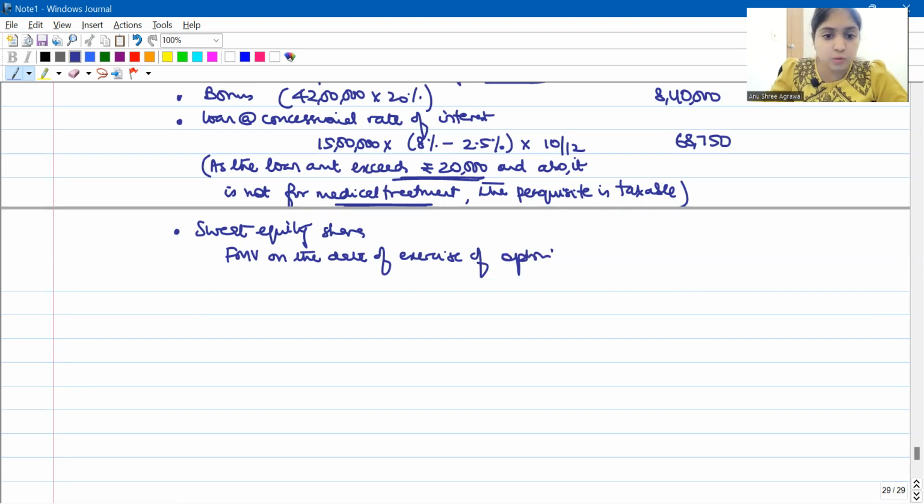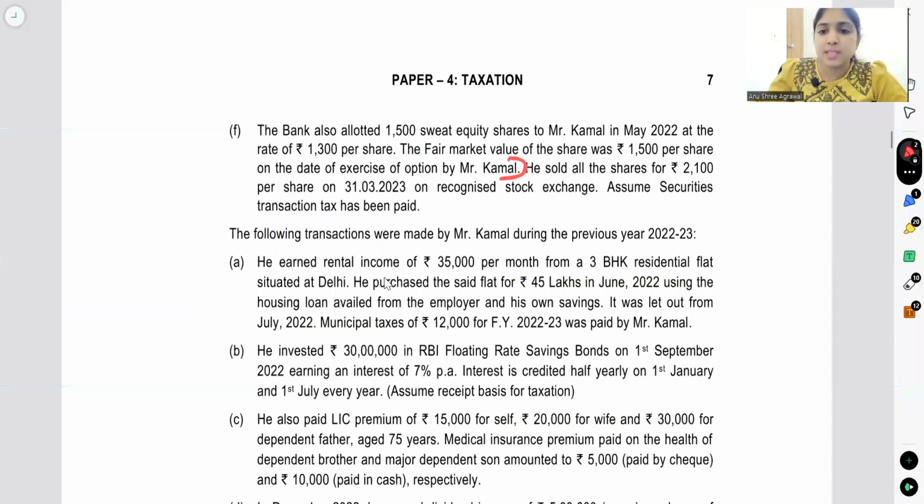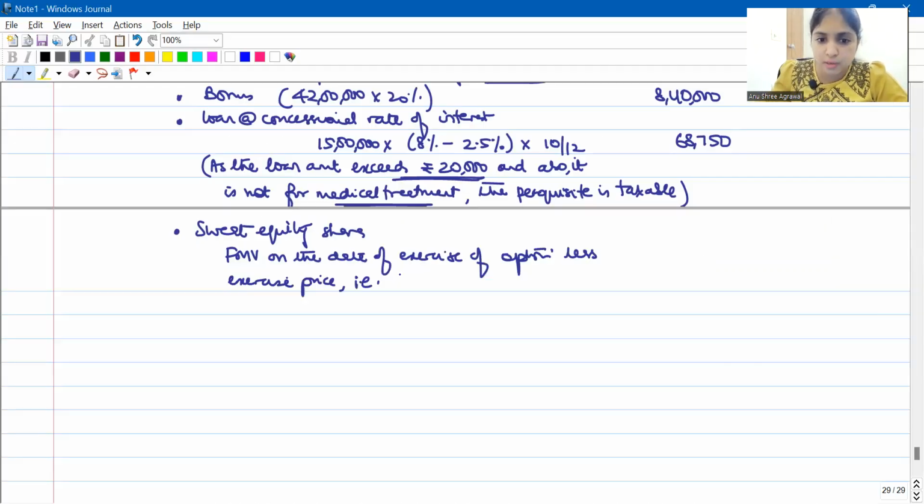It is important that you mention this, okay? So FMV on the date of exercise of option less exercise price. What is the FMV on the date of exercise of option? 1,500 minus exercise price 1,300 rupees.